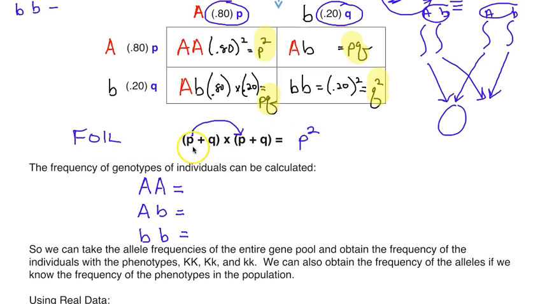And I'm going to do outer, P times Q, so that's going to be plus PQ. And then we have inner, which is these guys right here. So it's going to be PQ again.